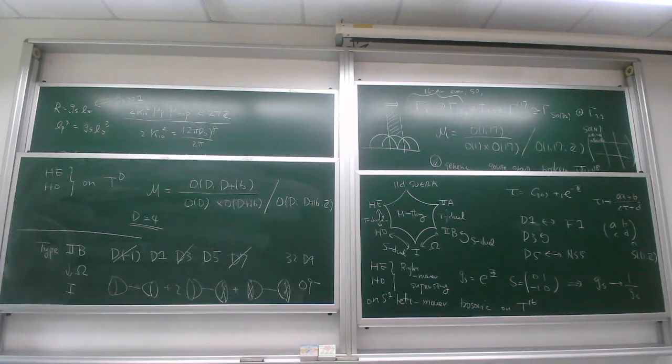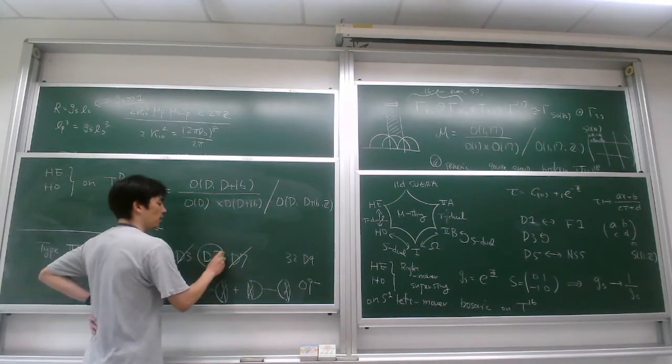That's what we have seen. So in type 1, we have D1, D5 and D9.